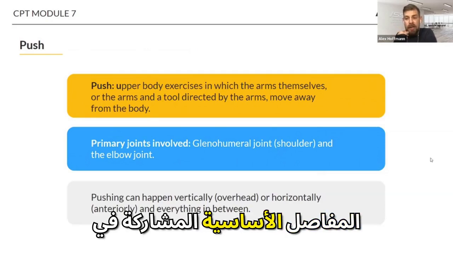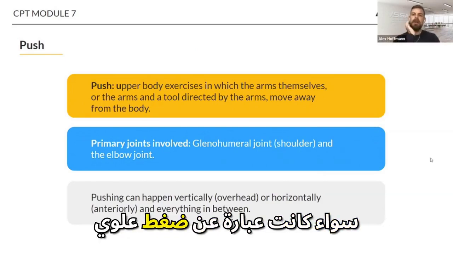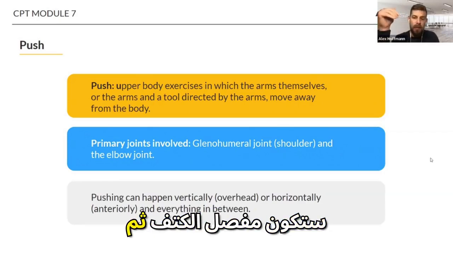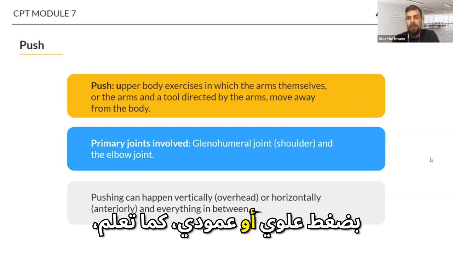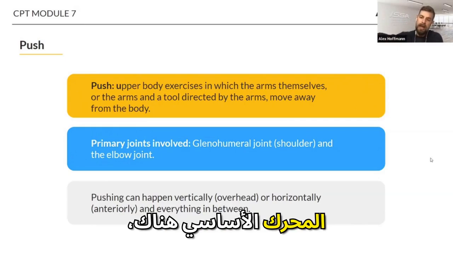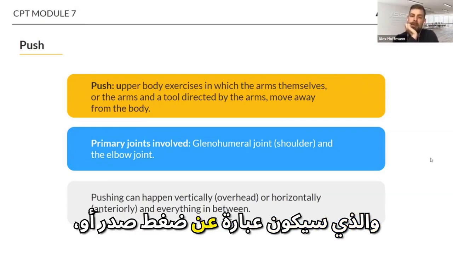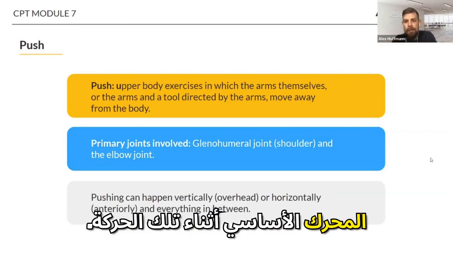So the primary joints involved in a pressing movement or a pushing movement, whether that is an overhead or vertical press or a horizontal press, are going to be our shoulder joint and then our elbow joint as well. And then if we're doing an overhead press, which would also be a vertical press, our shoulder, our deltoid, would be the primary mover there. If we're doing a horizontal press, which would be a chest press, our pectoralis major would be the primary mover during that movement.